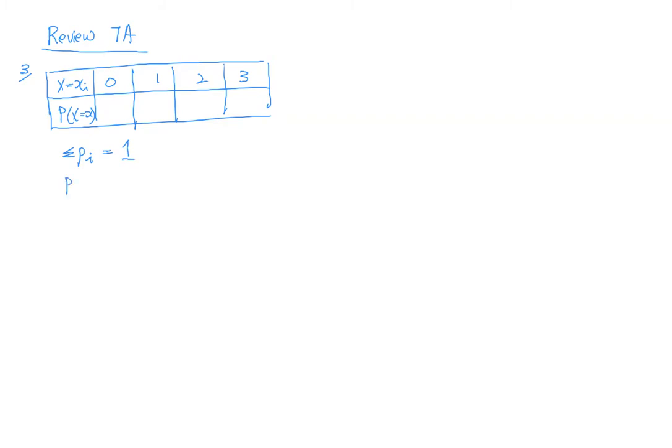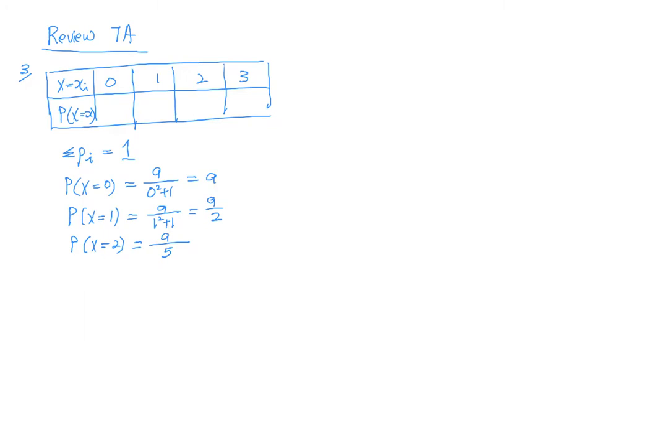So probability of X equal to 0 is A divided by 0 squared plus 1. So this is A. Probability of X equal to 1 is A divided by 1 squared plus 1, equal to A over 2. Same goes for probability of X equal to 2, A divided by 5.